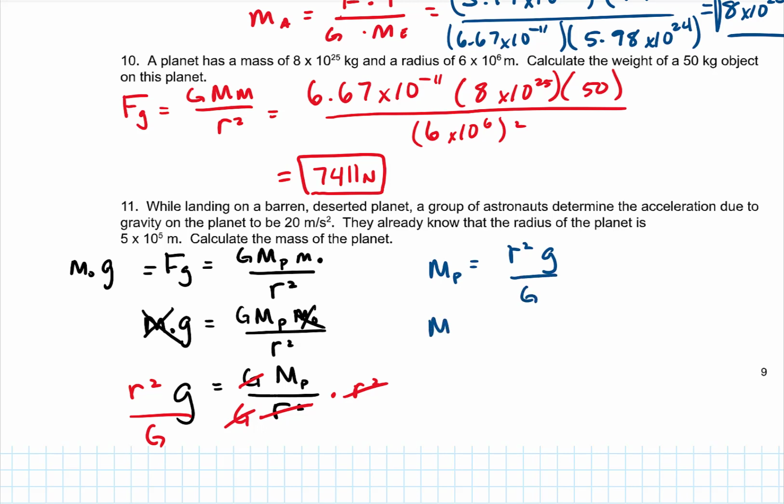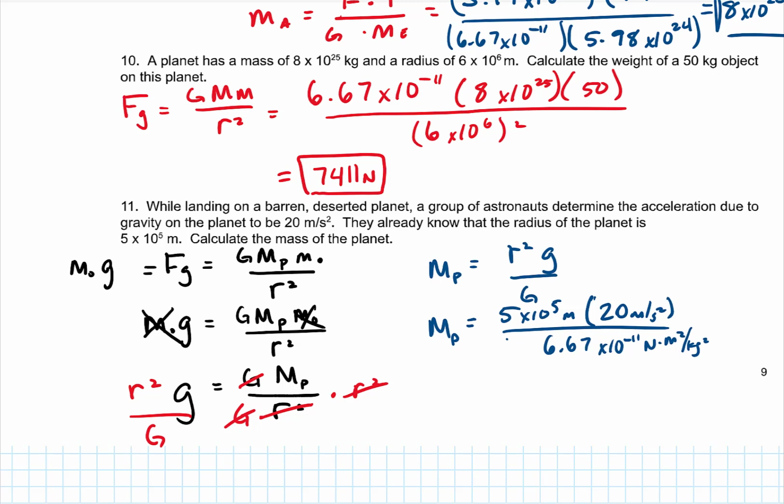And so the mass of this planet is going to be the radius of the planet, 5 times 10 to the 5th meters, times the acceleration due to gravity on the planet, 20 meters per second squared, divided by 6.67 times 10 to the negative 11th newton meters squared per kilogram squared.